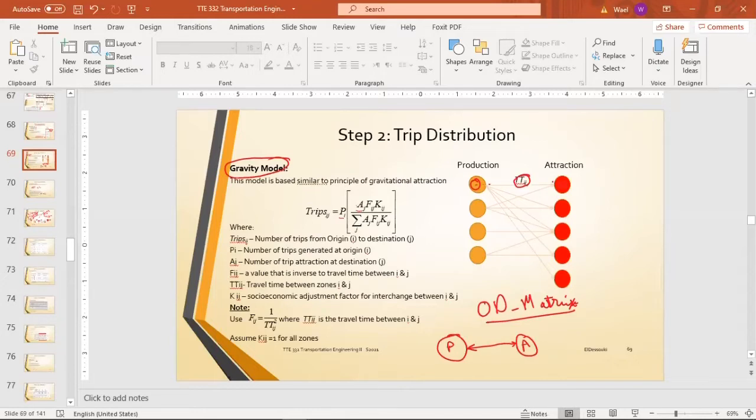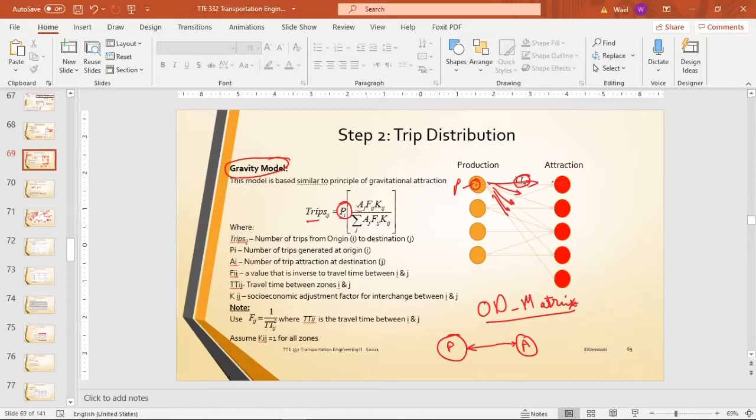So here the production is going to be distributed among different destinations. Each destination will have a pulling force, and it's going to be distributed according to a weighted sum, like this.